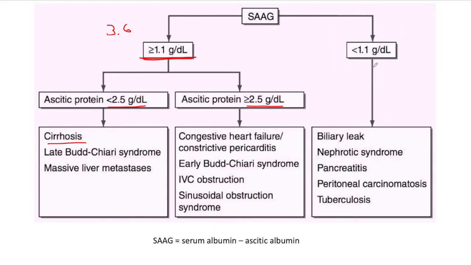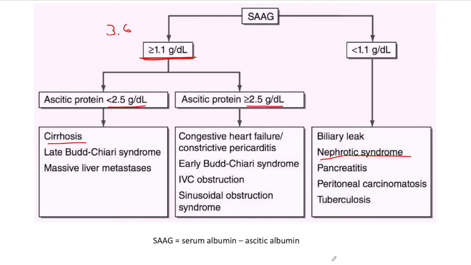So in terms of having low SAAG, these are cases where we have more protein in the acidic fluid or less protein in the serum. Okay, so think about a nephrotic syndrome. In nephrotic syndrome, we lose a lot of protein out of the glomerulus. We lose all the albumin, all of our immunoglobulins, some of our clotting proteins we lose out of the kidneys. And so the serum albumin is going to be low.